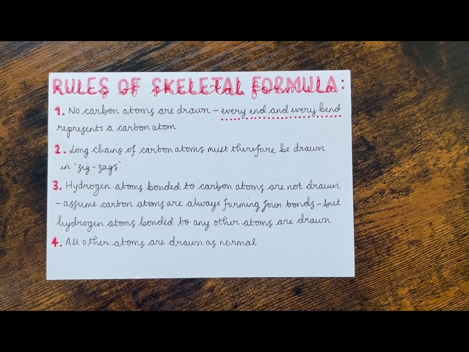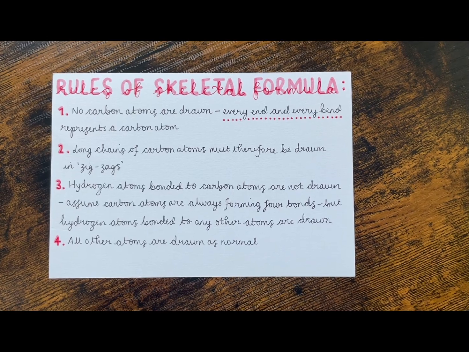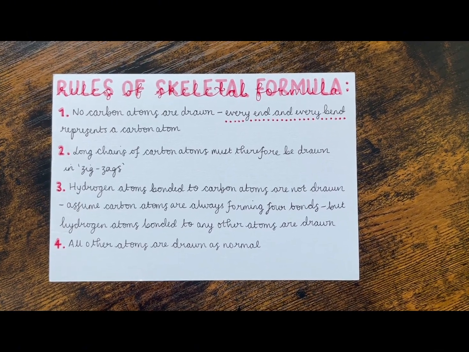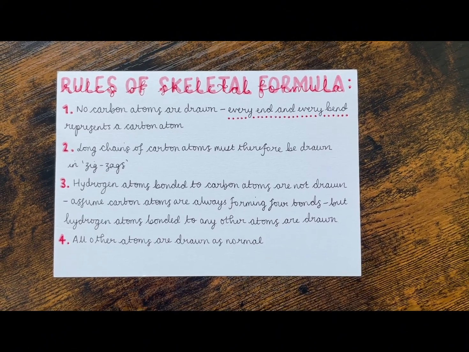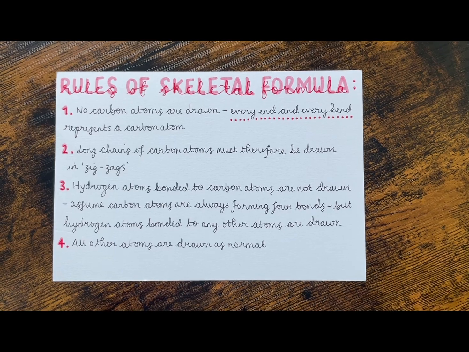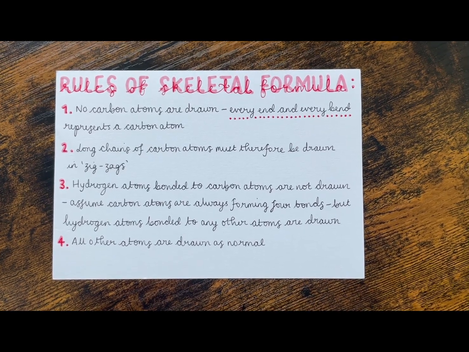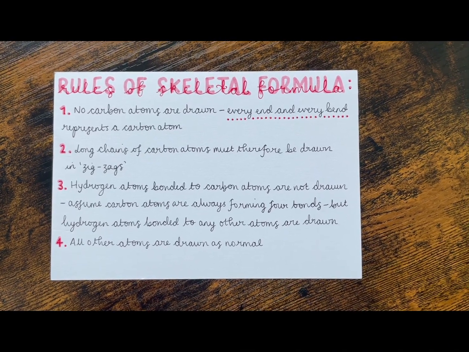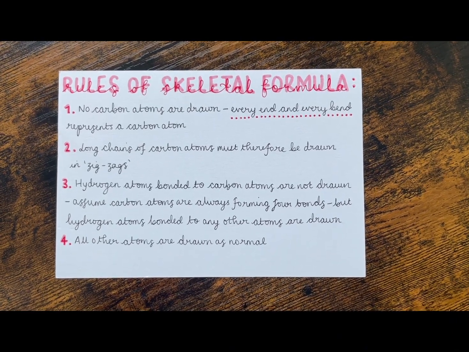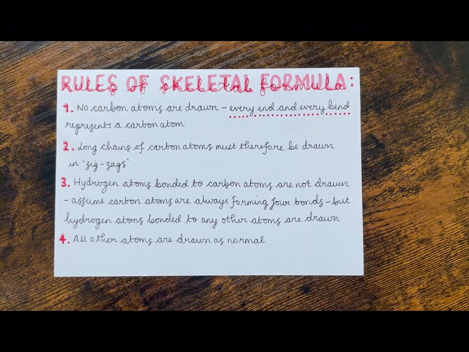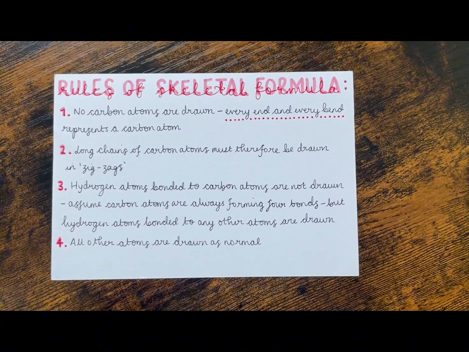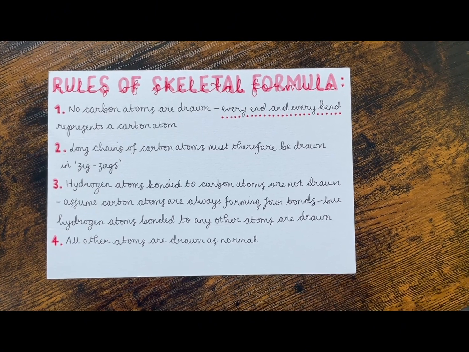And we make the assumption that the carbon atoms will always be forming the maximum number of covalent bonds which they can, which is 4. All other atoms are then drawn as normal. So halogens would be drawn as normal, oxygen would be drawn as normal, nitrogen would be drawn as normal, and so on and so forth. So those are the 4 key rules of skeletal formulae.